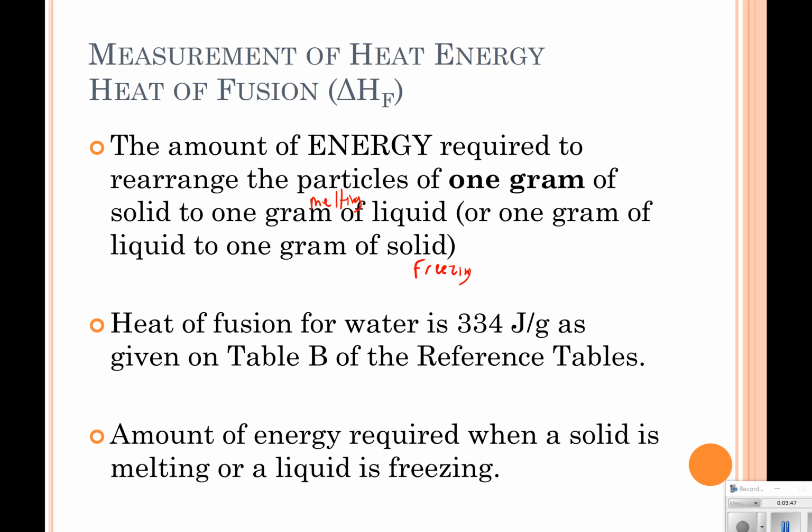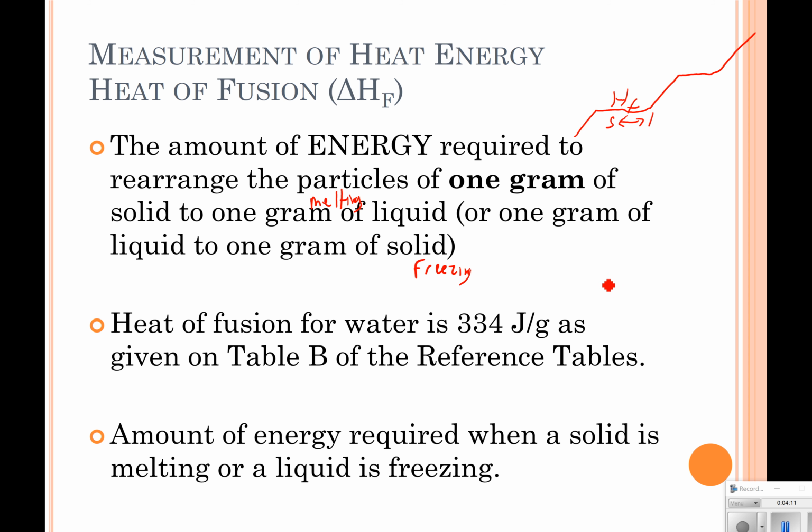So both of these phase changes, again, if we think about our curve, any phase change on this first lower portion where we have solid to liquid, we're going to use the heat of fusion. And we're going to use it in both directions. And it's just going to depend on if it's an exothermic change or if it's an endothermic change.